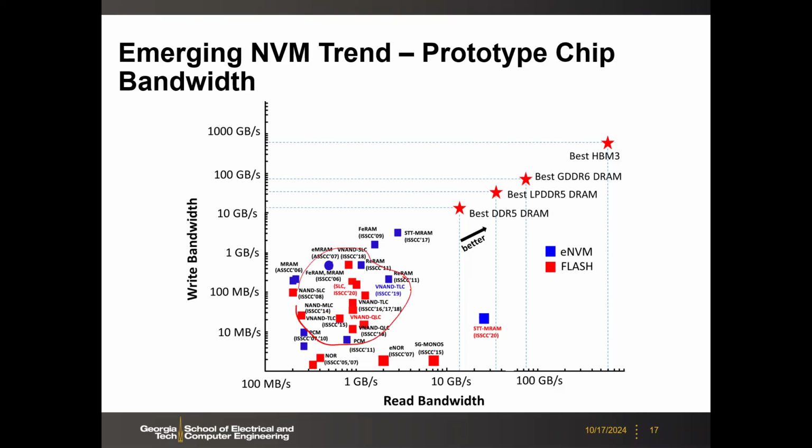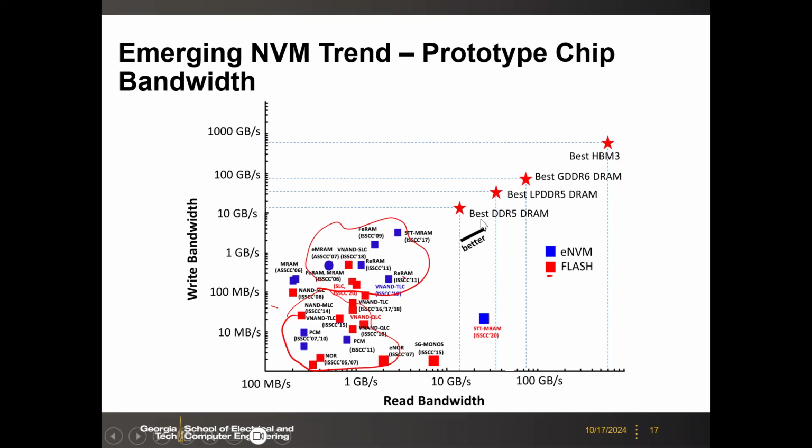And so here, this red one is a flash, okay? Flash generally is like slow in write, but emerging memories could be faster in write. So that's why the write bandwidth is typically higher than the flash, but the read is on the same order, or a little bit better.